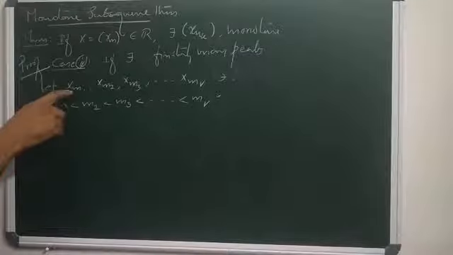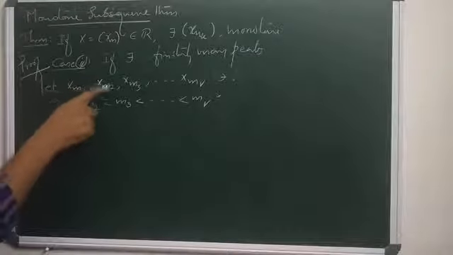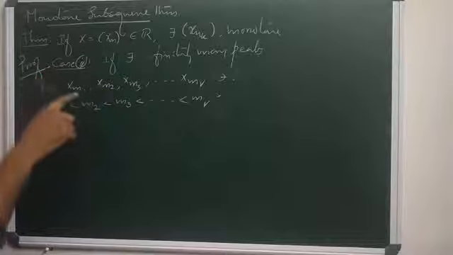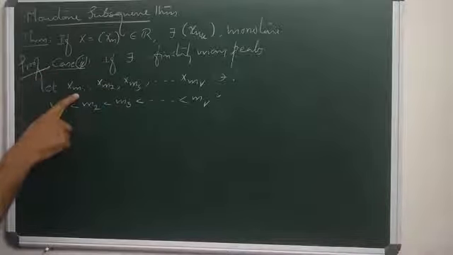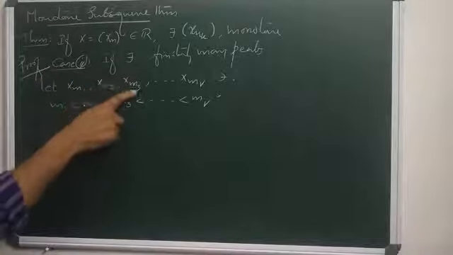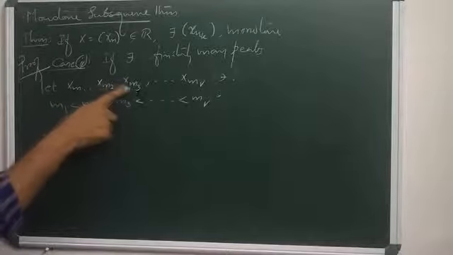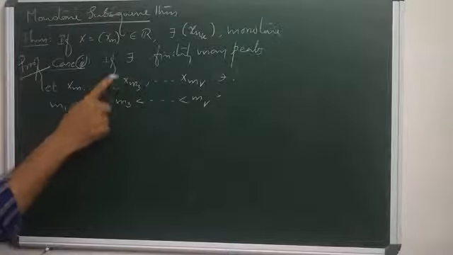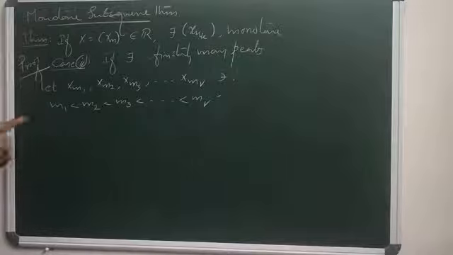Because xm1 is a peak, so xm1 is greater than or equal to xm2 with m2 greater than or equal to m1. And xm2 is a peak with respect to xm3, so xm2 is greater than or equal to xm3 with m3 greater than m2. So clearly m1 is less than m2 less than m3, and so on.